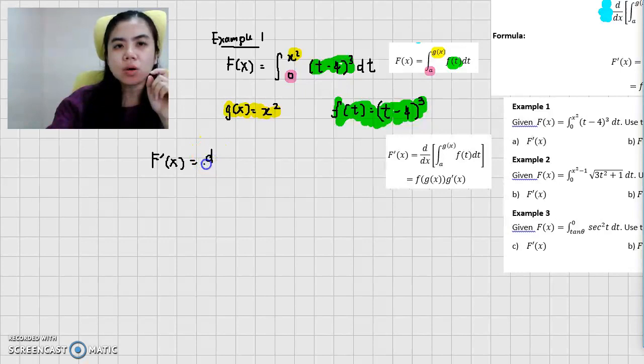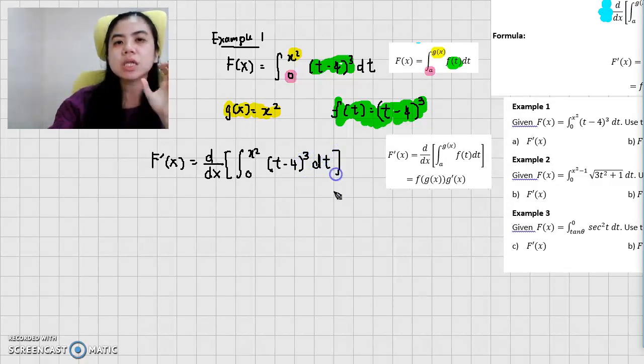We have d over dx, in brackets, and we have an integration. Whatever is in here is actually your question: from 0 to x squared, (t minus 4) to the power of 3 dt. That is basically your question.